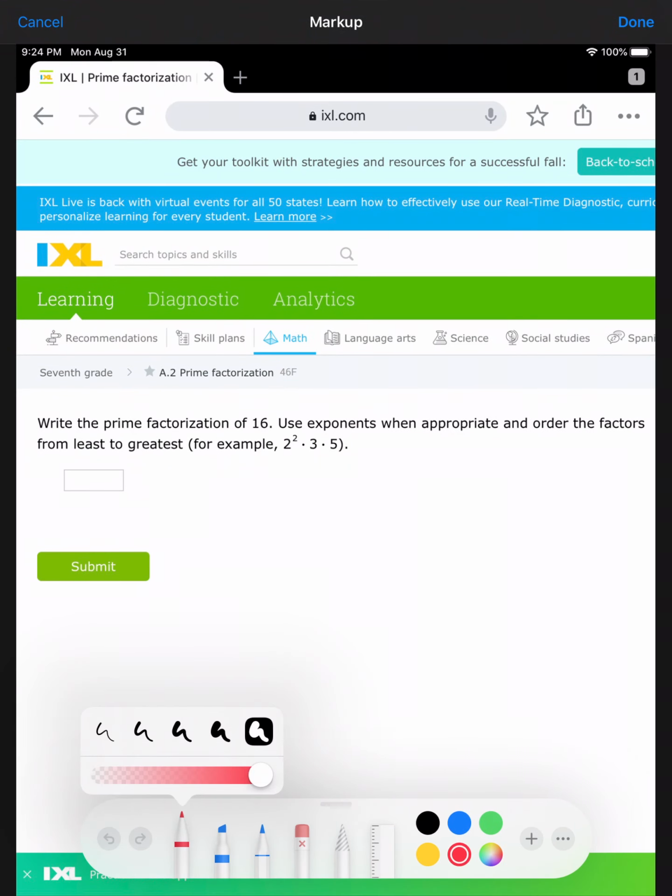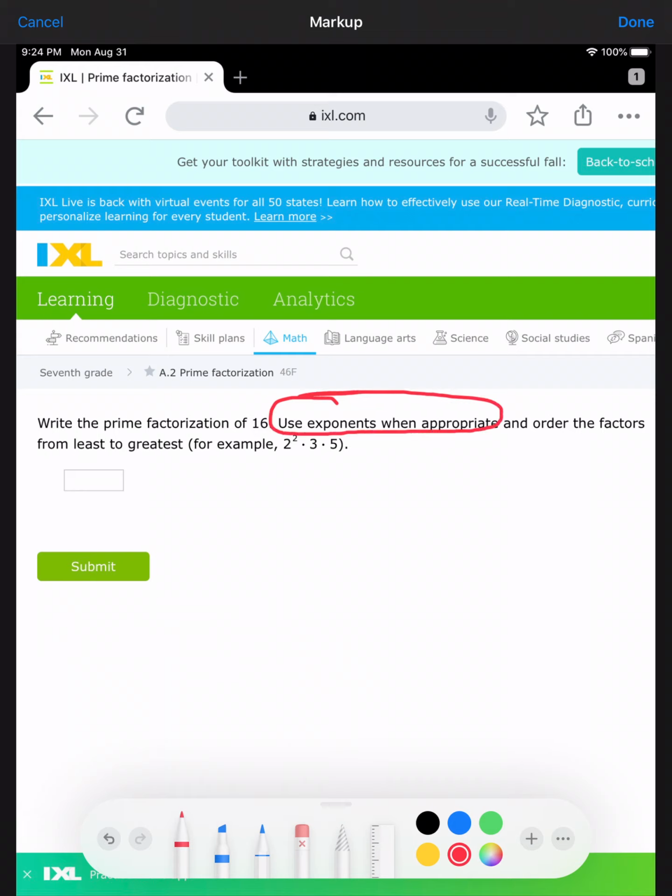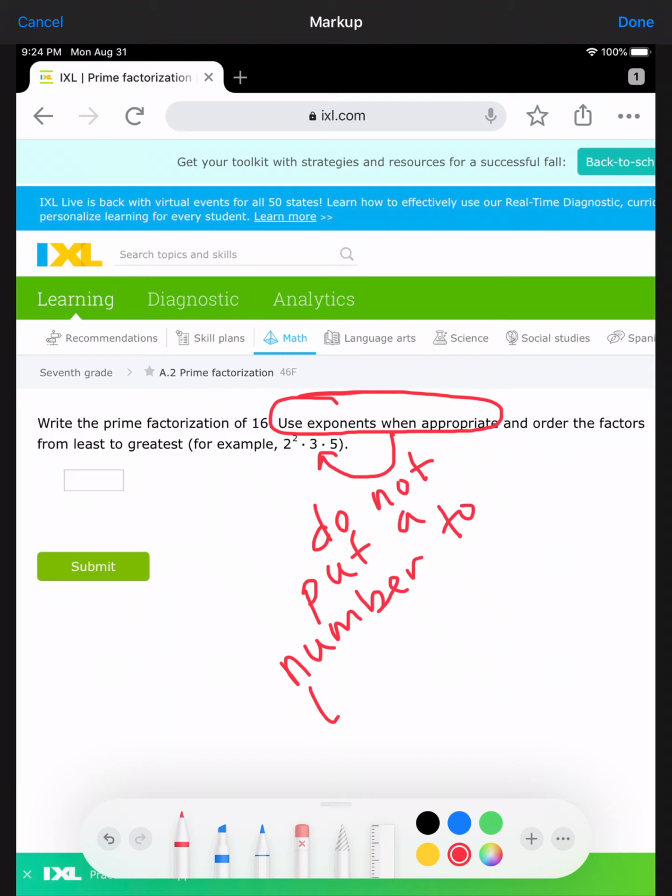Okay, I want you to pay attention to this. It says use exponents when appropriate. So notice right here, the 3 and the 5, they do not put a 3 to the 1 power and a 5 to the 1 power. So do not put a number to the first power.